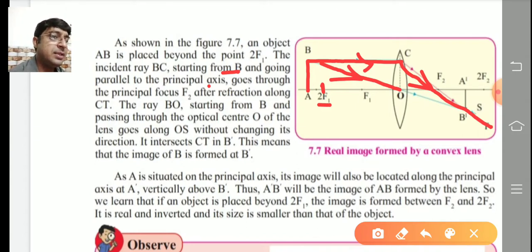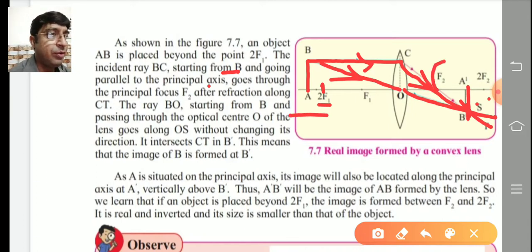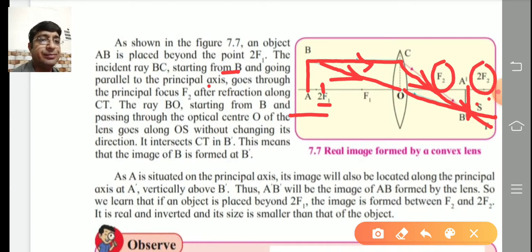It passes in the direction OS. Both rays converge and intersect each other, and the image is formed here. So when the object is beyond 2f1, where is the image formed? The image is formed between f2 and 2f2.